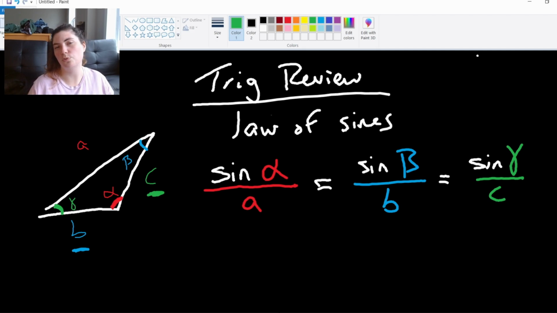Usually you're given 2 angles and a side or 2 sides and an angle, and from there you should be able to use these equations to determine the rest of the triangle.